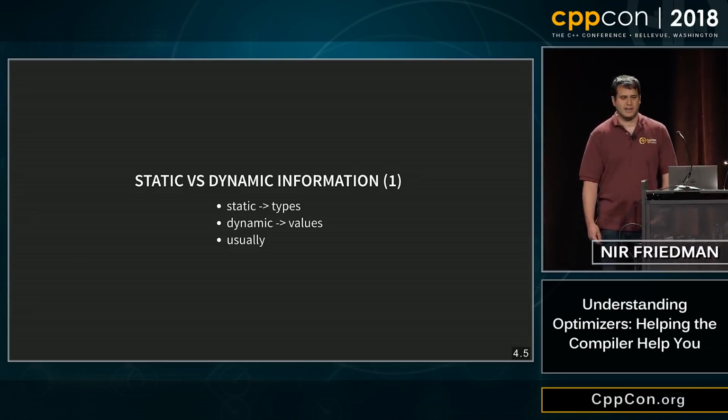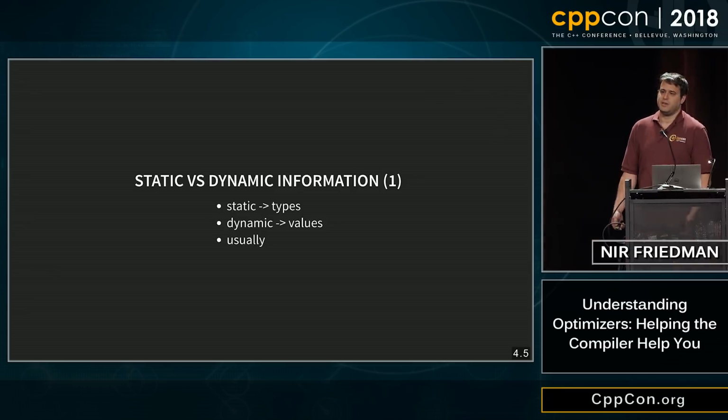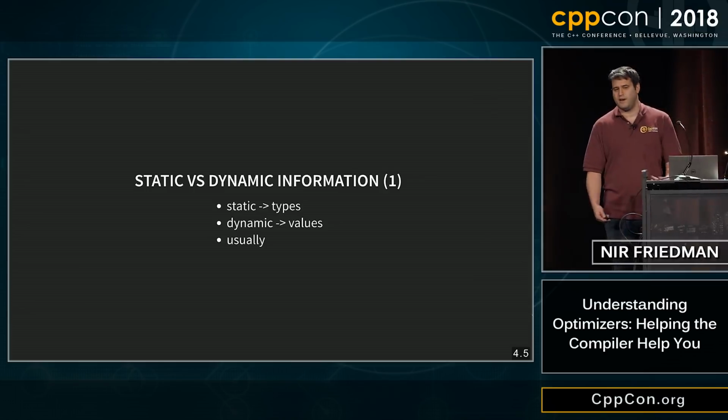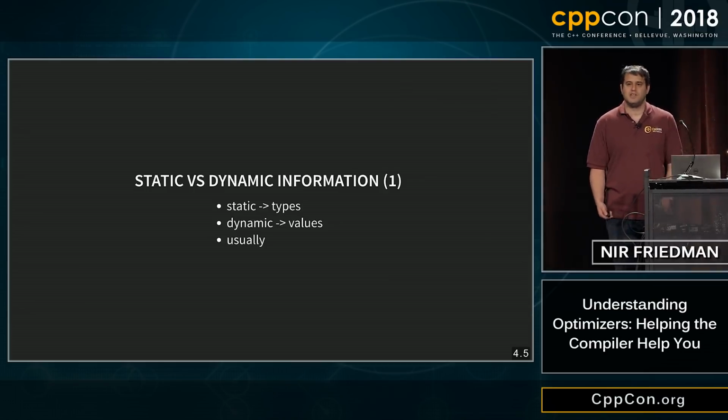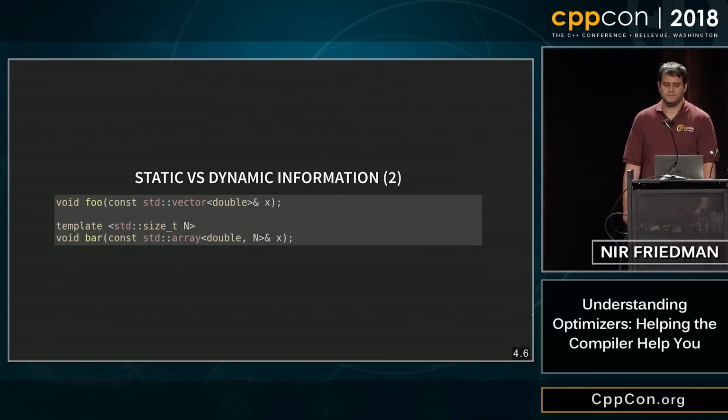That's the whole point of a statically typed language, right? Dynamic basically means values. Like you pass a double, the type of the double is known everywhere in the program, but the value of the double is not.